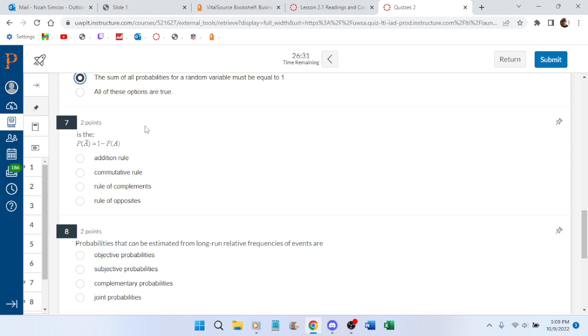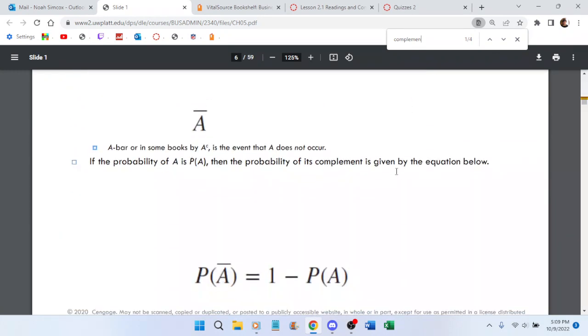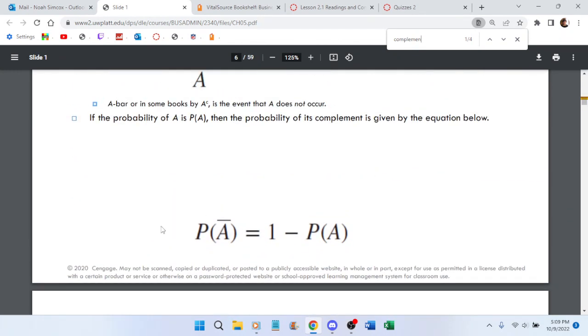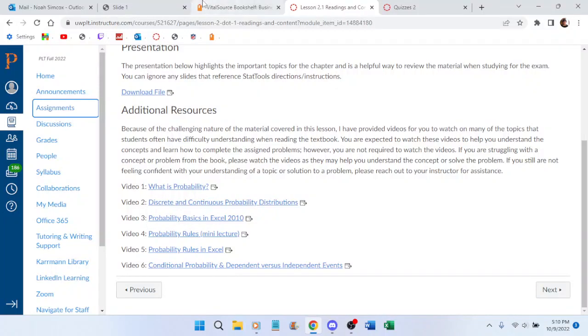What is this rule? I think it's complements. P of not A equals 1 minus P of A. So complements, right?